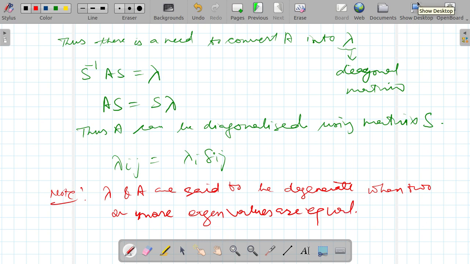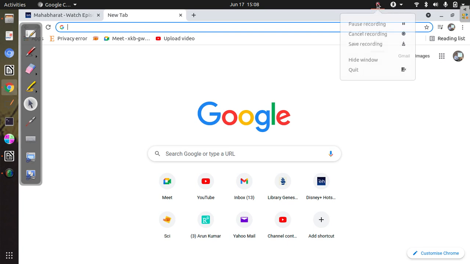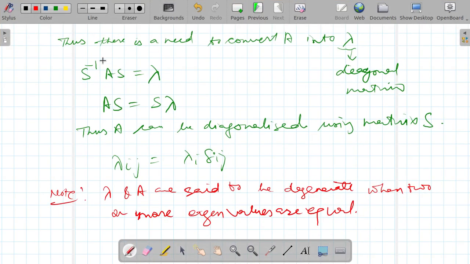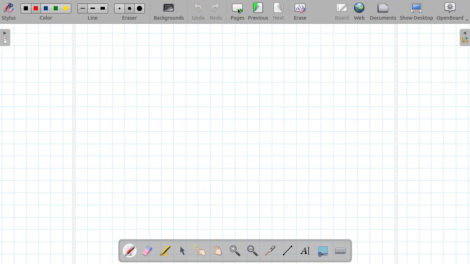Right, so this is one part. Another part is also completed. Now next I will talk about functions of matrices. So let us talk about functions of matrices now.